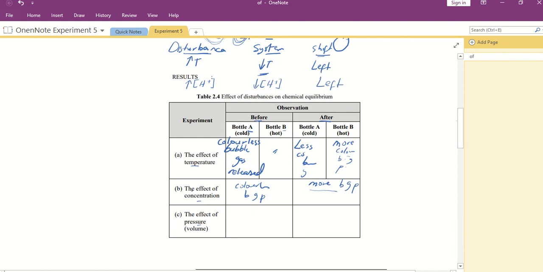In this part, we shake the bottle a little bit. Observe the observation before we introduce any changes. So like before, we can see colorless bubble gas produced. And then place the carbonated drink in a glass, with white mouth, white glass.